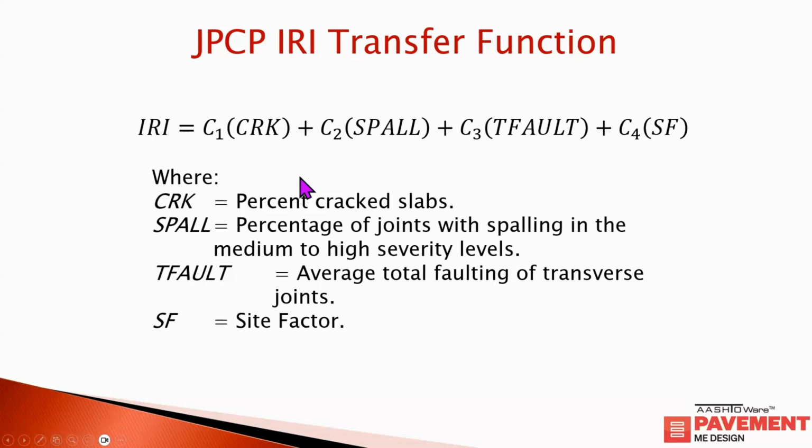So you have transverse cracking, you have spalling, which is a little unusual because spalling is a predicted distress, but it's not a direct output of the pavement ME design program. It's only used internally in computing IRI for jointed plain concrete pavement. And faulting, which is another predicted measure. So you have those three, and then you have the site factor, which again is very environmentally driven.